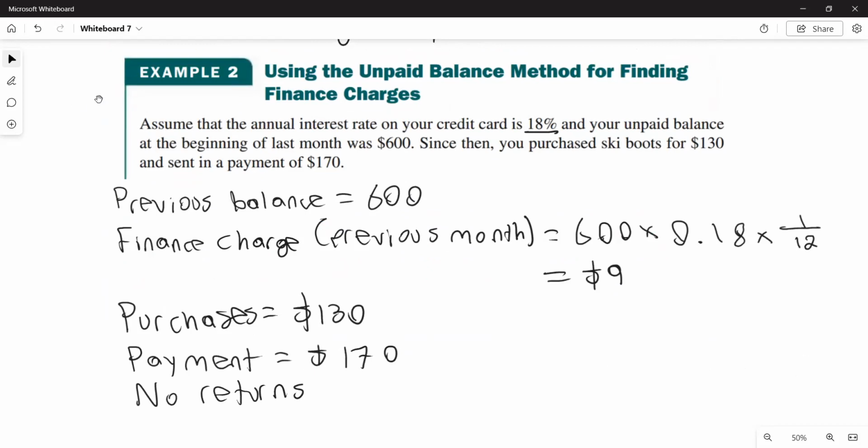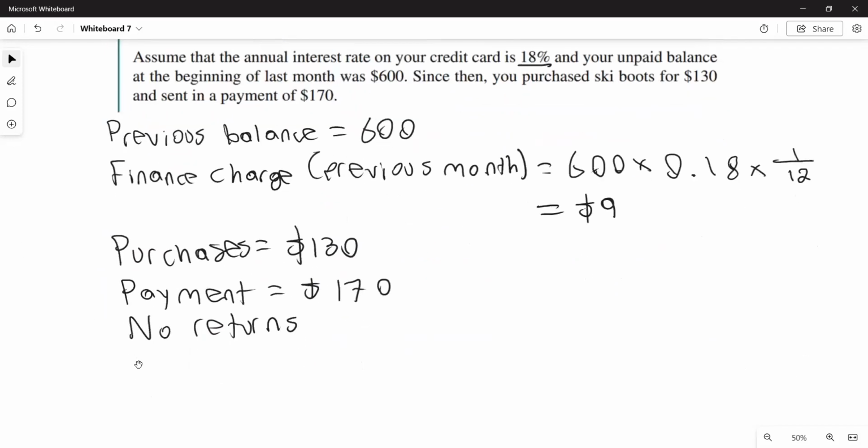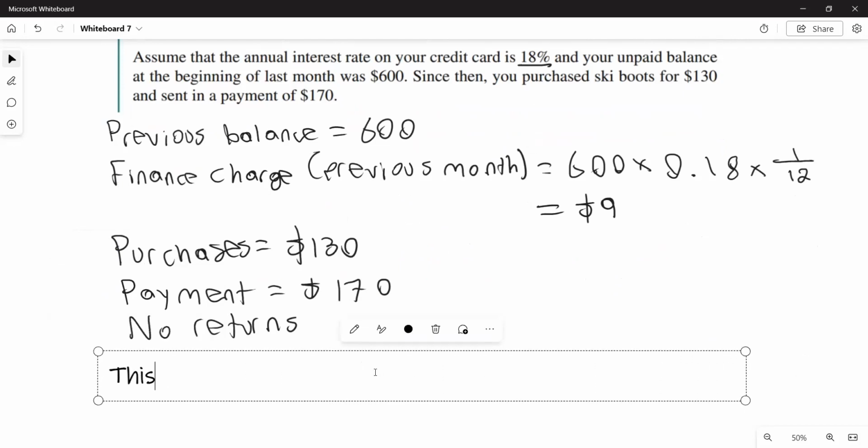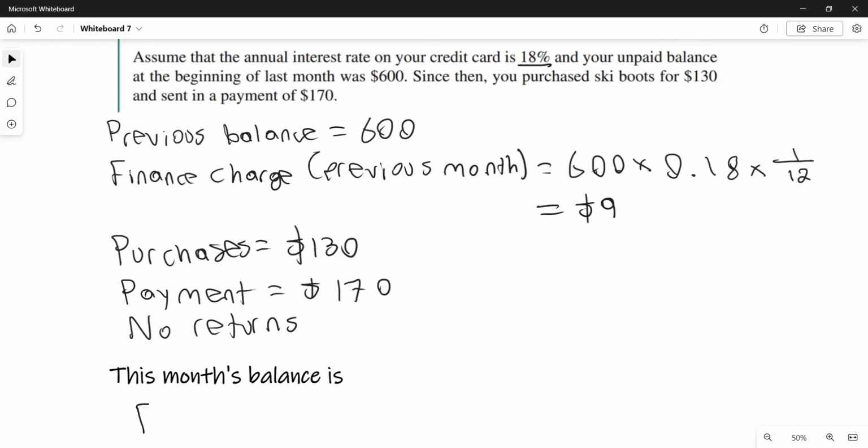Okay, so the new month's balance, this month's balance, is P. Let's look back at the formula.